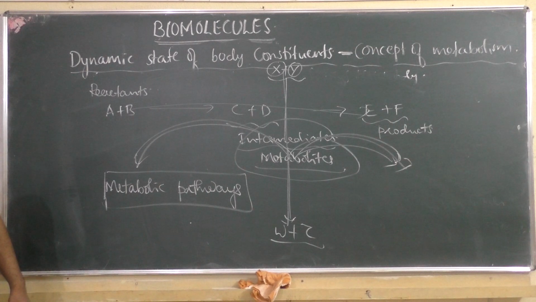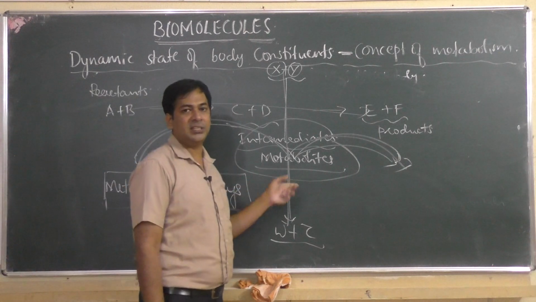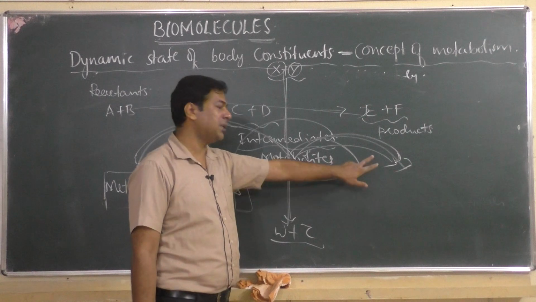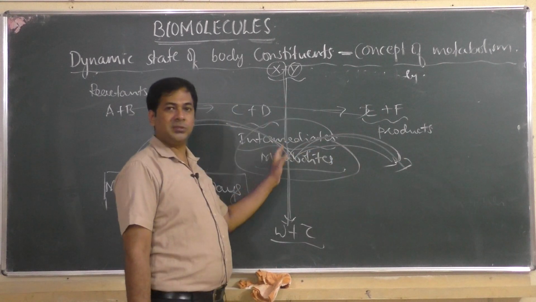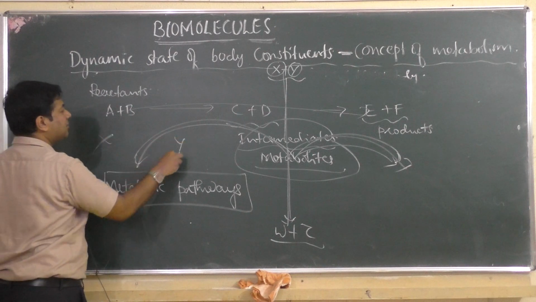So what is meant by metabolic pathways? Metabolic pathways means metabolites are converted into each other in a series of linked reactions. Like one metabolite changes to another metabolite, and that metabolite can again produce this metabolite. Like X is one metabolite, Y is another metabolite.